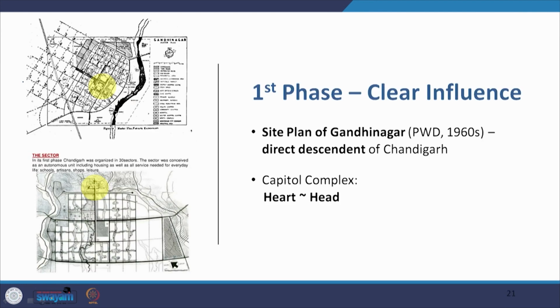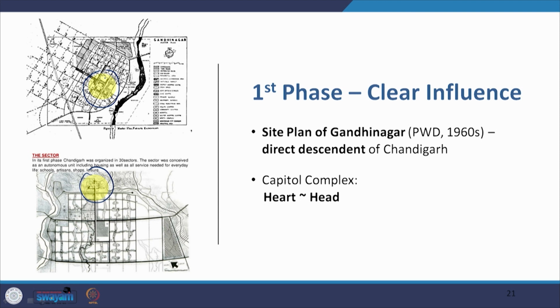In the first phase, when the works were directly influenced by the works of Corbusier, for example in planning, the site plan of Gandhinagar by the Public Works Department in the 1960s is a direct descendant of Chandigarh. The Capitol complex is the head of Chandigarh, versus this capital complex of Gandhinagar, which is the heart of Gandhinagar.